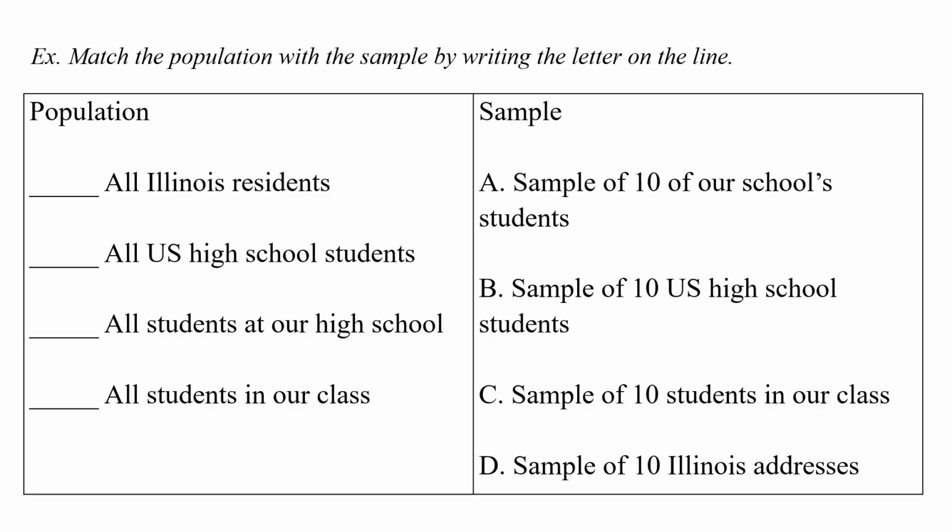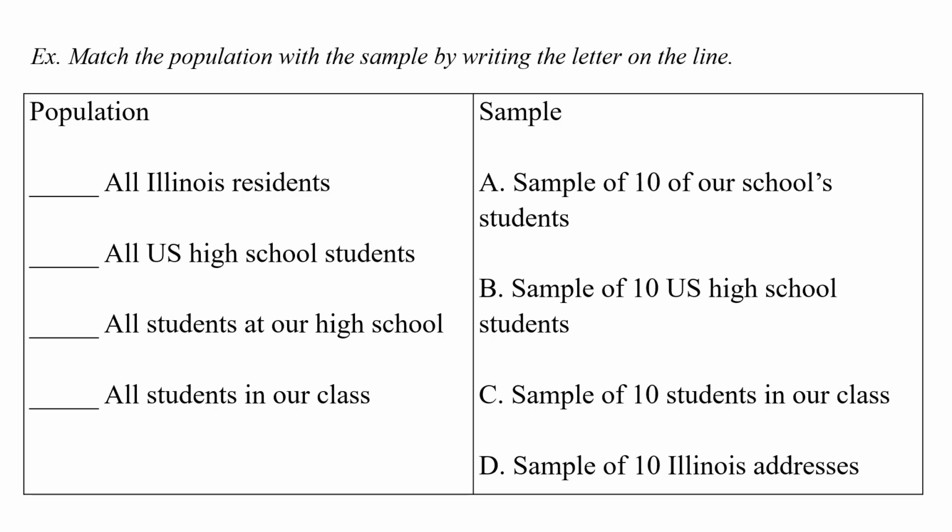And what we want to do when we set this up is we want our sample to represent our population. So if we look at that first line there with our population, let's say our population is all Illinois residents. Now, again, there are challenges with analyzing all Illinois residents. So we want to take a sample that represents all Illinois residents. If I look over there at my choices, which one is going to accurately represent all Illinois residents?